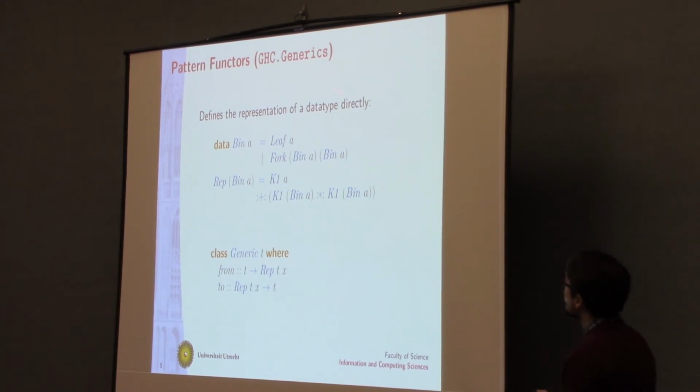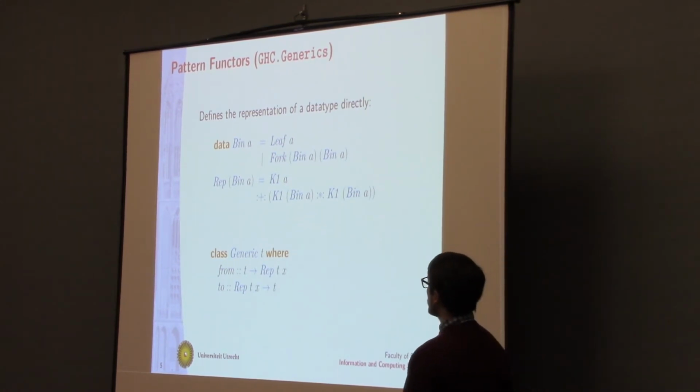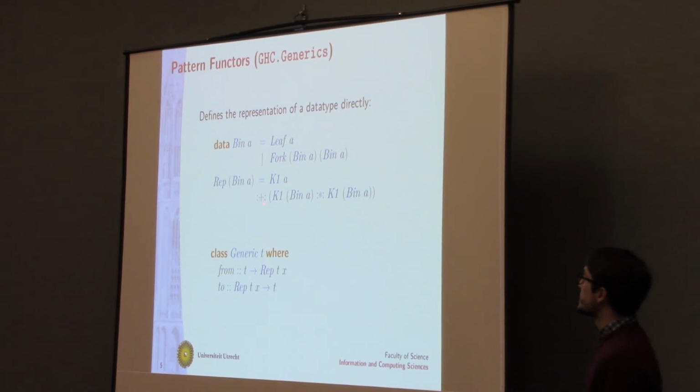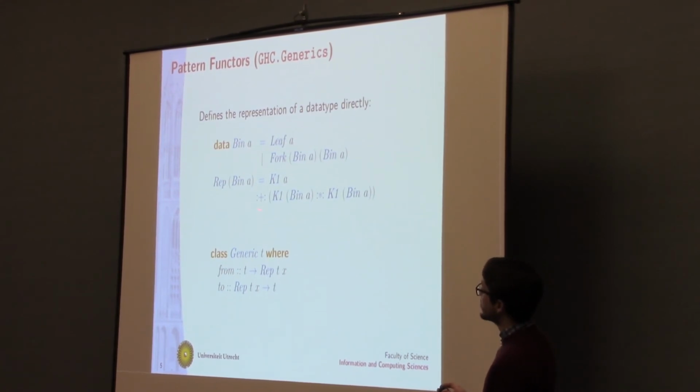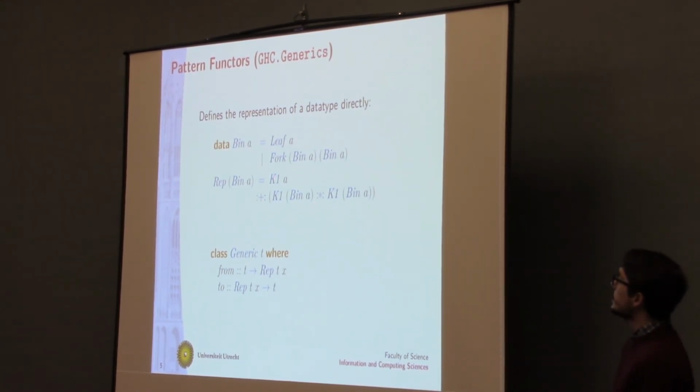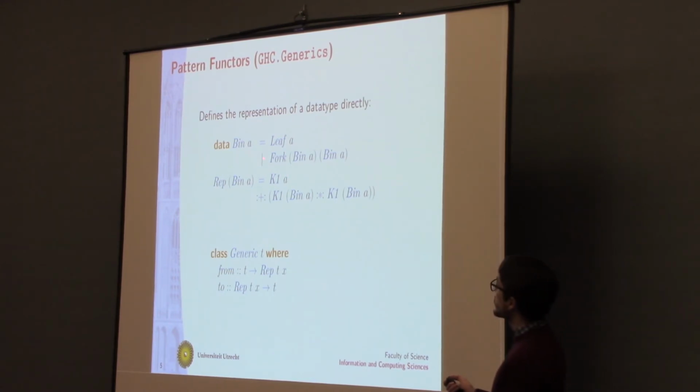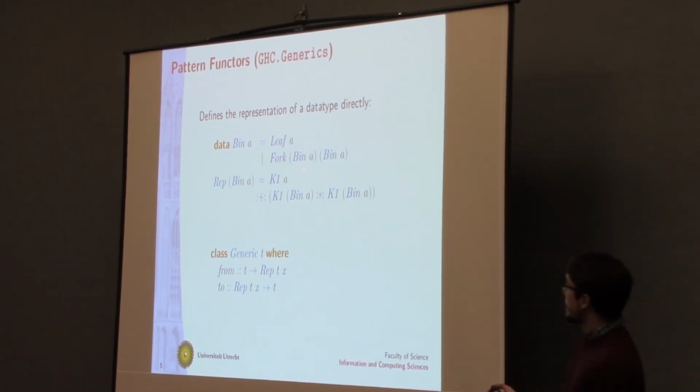So for GHC generics, we use the pattern functors approach, in which we define the representation of data types using this fixed binary combinator language, which are these pluses and times here, and this K1 standing for constants. We would define the generic representation of a binary tree with data on the leaves to be either just the data, so the choice on the plus indicates the choice of constructor you have, or a product of two binary trees.